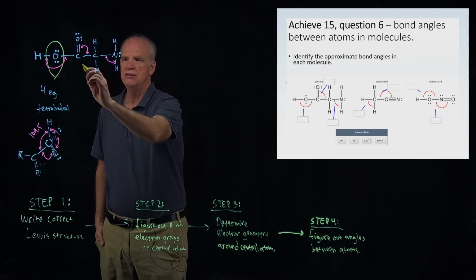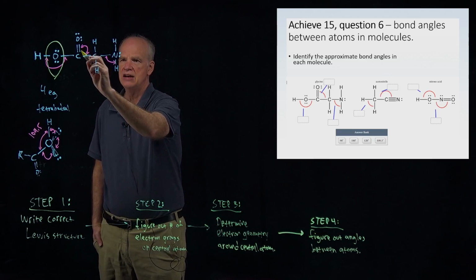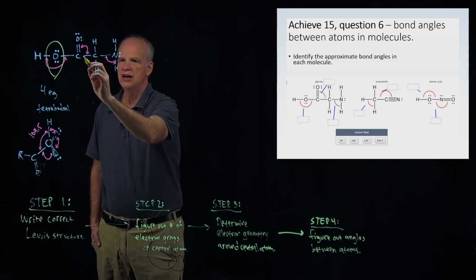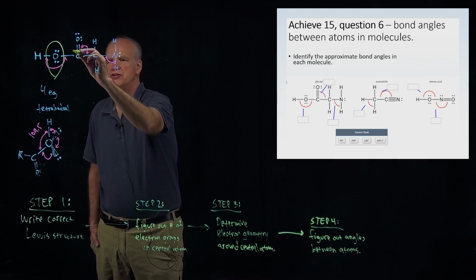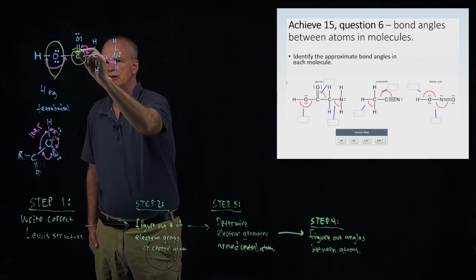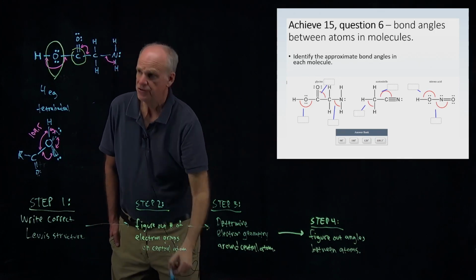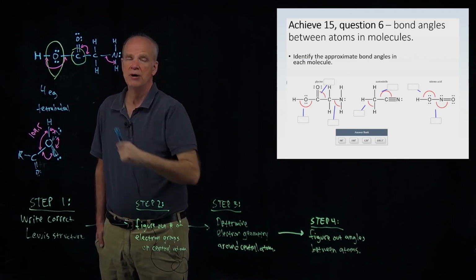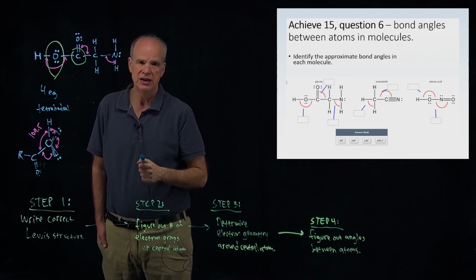Here we're trying to find the angle between the double bond leaving carbon and going to oxygen and the single bond leaving carbon and going to the other carbon. So this is the central atom here, which is the carbon. The first thing we need to do is figure out how many electron groups this carbon has. Each single bond is considered a bonding group.